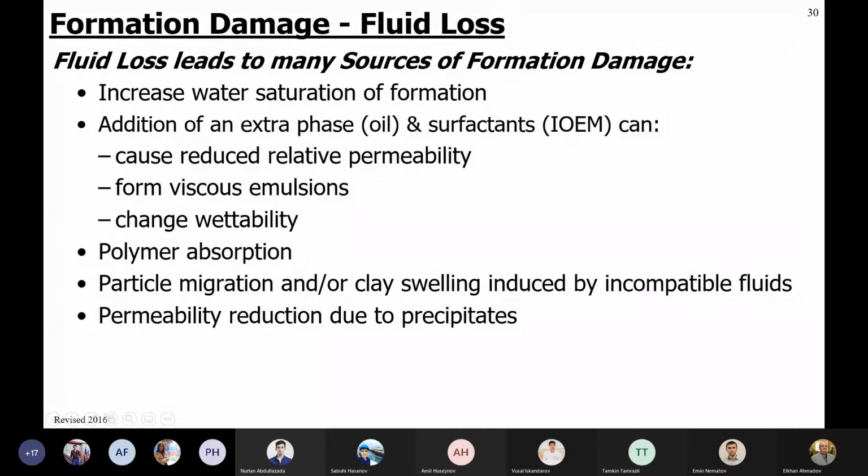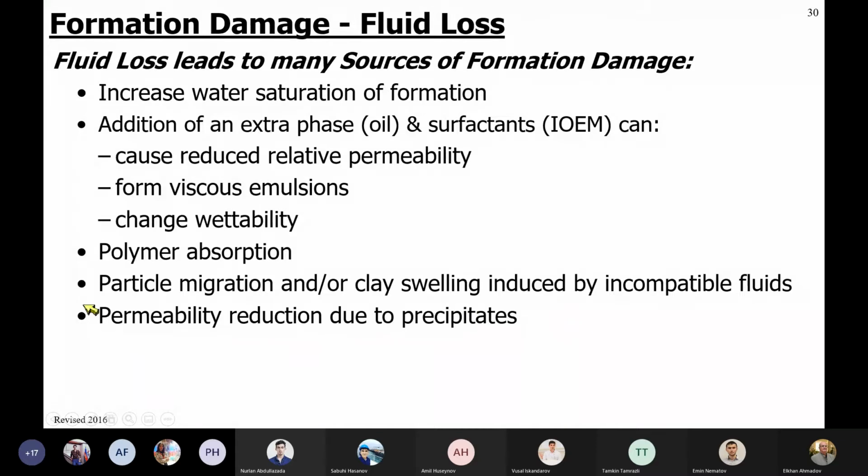Viscous emulsions, when water-oil emulsions of high viscosity block the pore passes, and changing wettability will again cause a change in relative permeability. There are also polymers included in the mud fluid for different reasons, which may be absorbed by the formation rock minerals. Of course, particle migration and clay swelling are another reason for formation damage or reduced permeability.